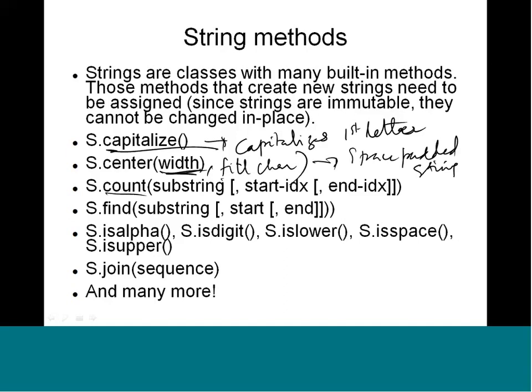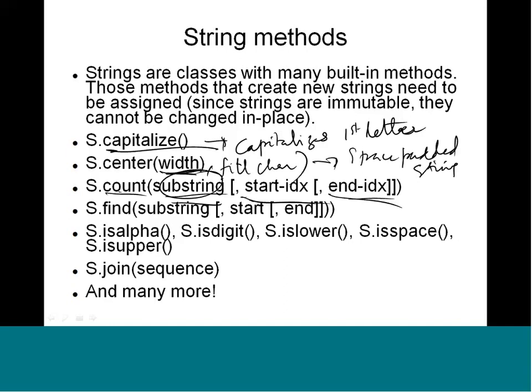Now we can also say count. We give a substring, a start index, and the end index. Here it counts how many times this substring occurs in the string, or in a substring of the string if starting index, beginning, and ending index, end, are given. So these are two optional ones.